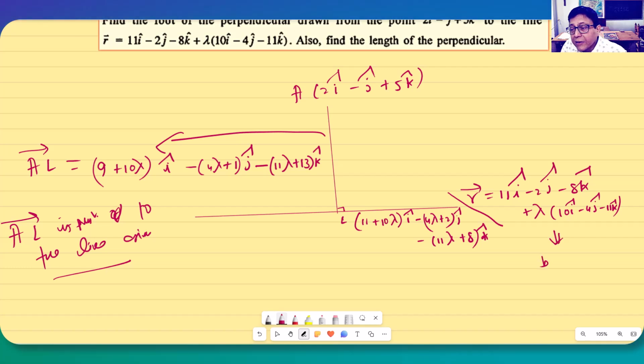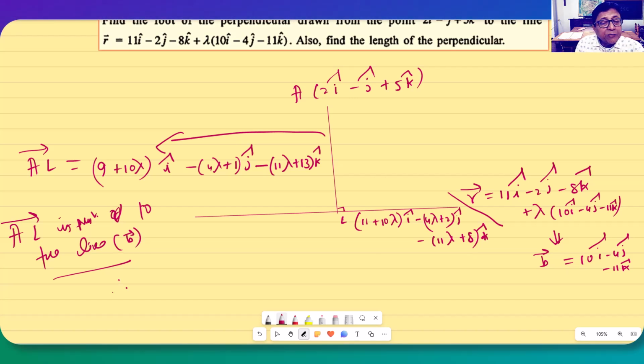That B vector is what? 10i, minus 4j, minus 11k. Perpendicular to the line means perpendicular to the vector B. So the condition you get is that the dot product must be 0, that AL dot B equal to 0.